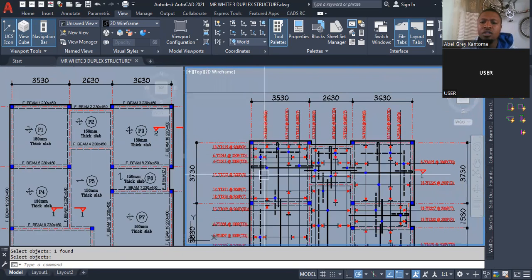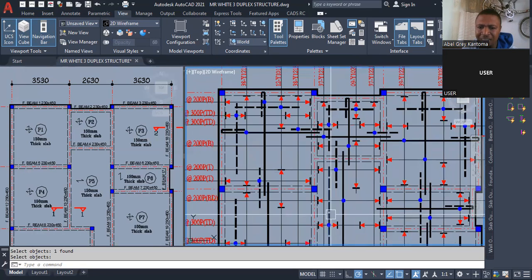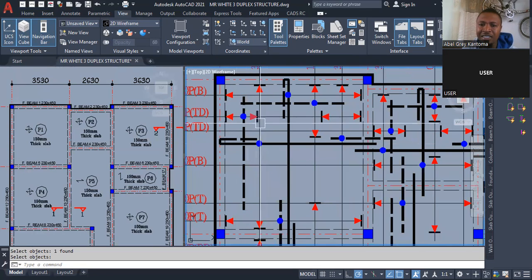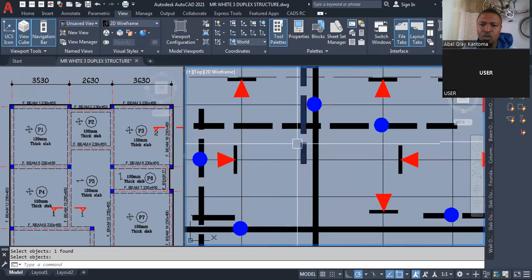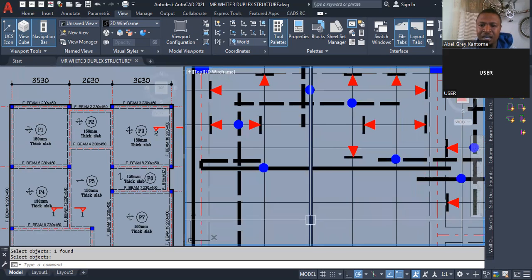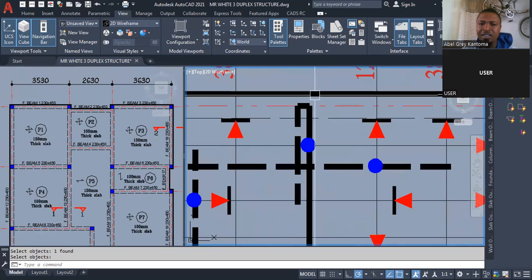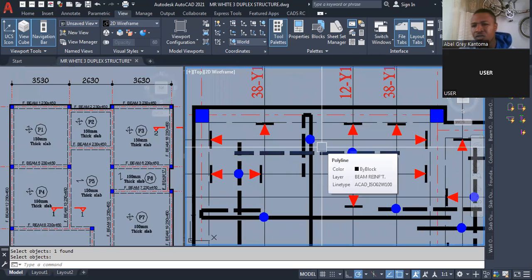Then that question you were asking about this line, that is why you see these lines. This one is a dashed line. This one you have as a normal continuous line. Then at this point it is dashed. It's just a way to differentiate them so you are able to easily interpret them.